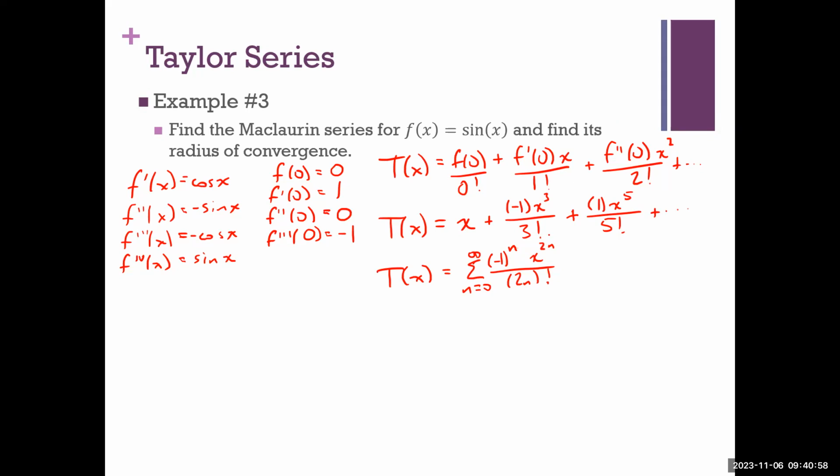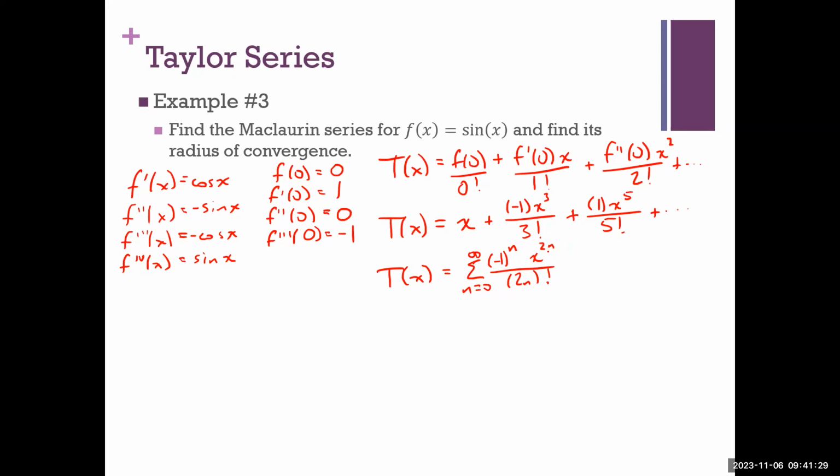Should it be N? You all sounded very confident that it was N plus one. Do we think it's minus one to the N? Let's not even worry about the first term. What will the sign of the first term in this series be, the way I've written it in the sigma notation? Positive, right? Is that okay? Will the second term be negative? Okay, I think negative one to the N is fine.